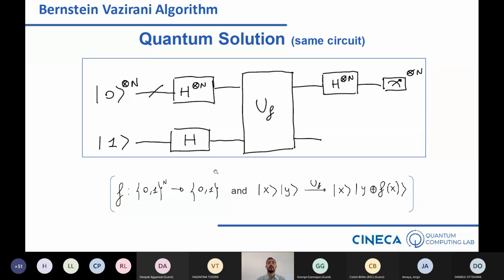We're going to see the step-by-step solution, which is basically the same that we've seen before, but with some differences, because the function now is no longer balanced or constant. The function now is omega times x.